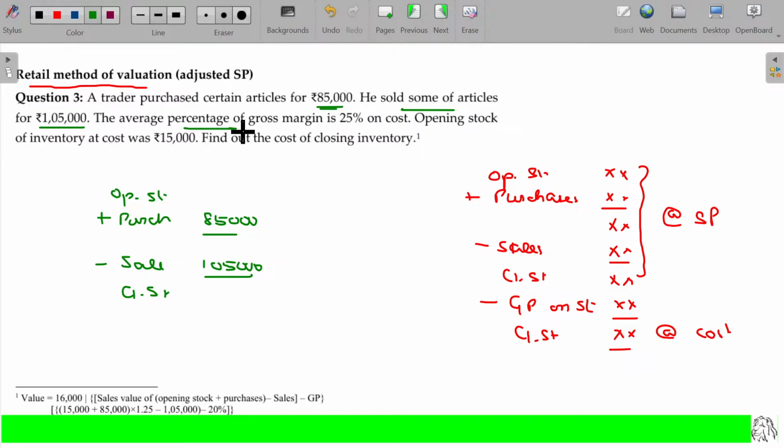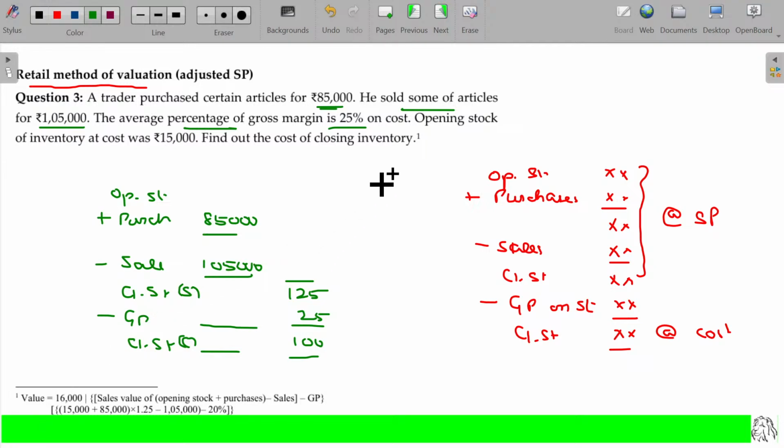The average percentage of gross margin is 25% on cost. From the closing stock, GP is subtracted to get the closing stock at cost. This is sales price, this is cost price. If the cost is 100, GP is 25. Then what about the sales value? 125.